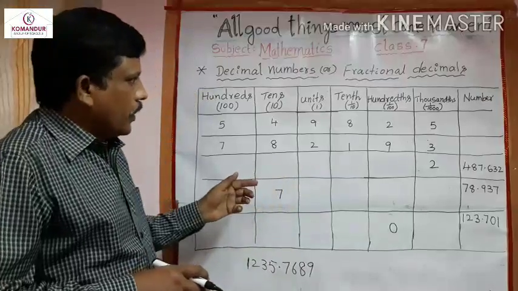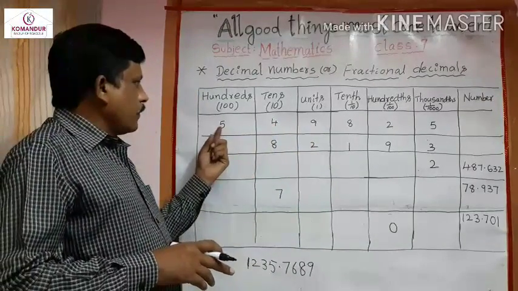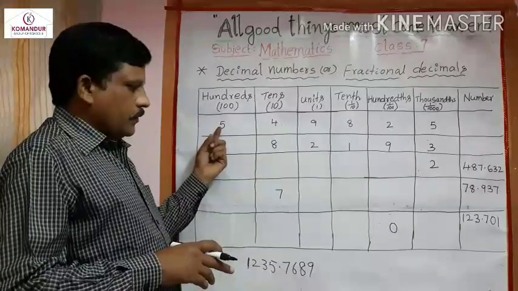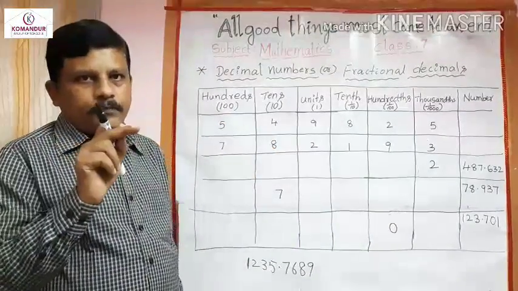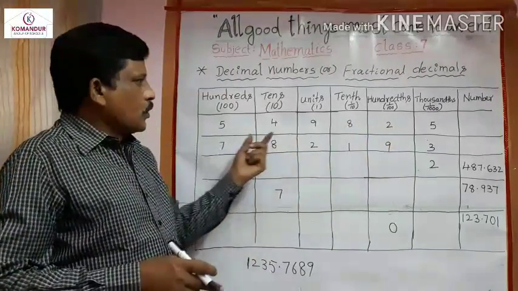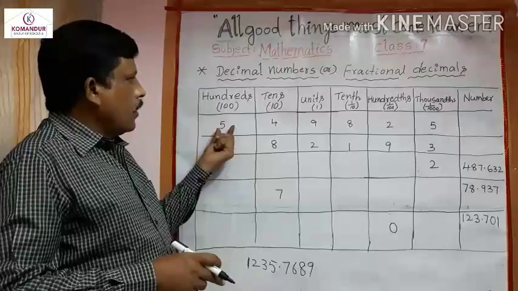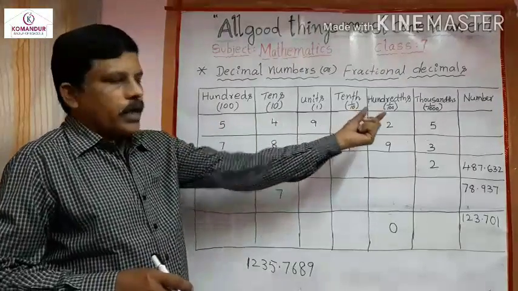Now observe here, units, tens, hundreds. After that we will put the decimal point. Then the remaining numbers we will write, 8 to 5. So how do we write this number? 549.825.